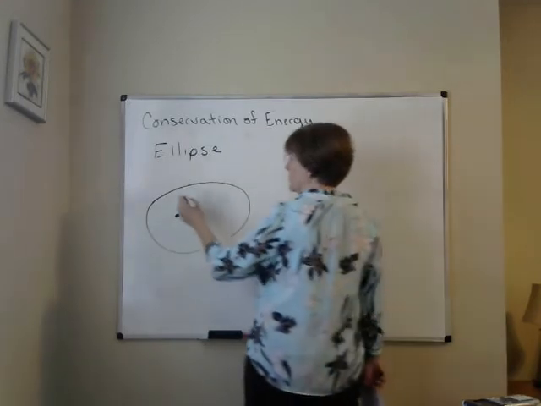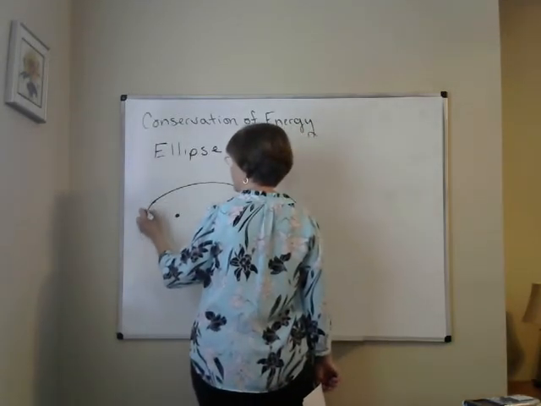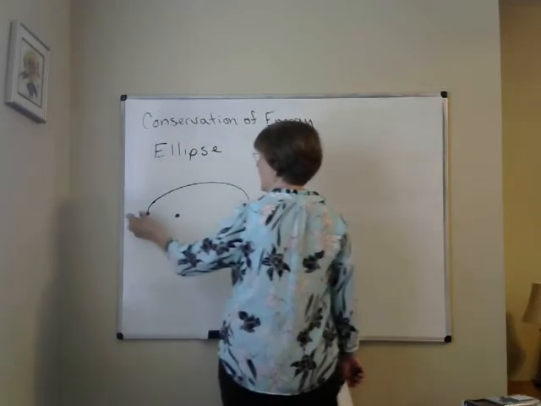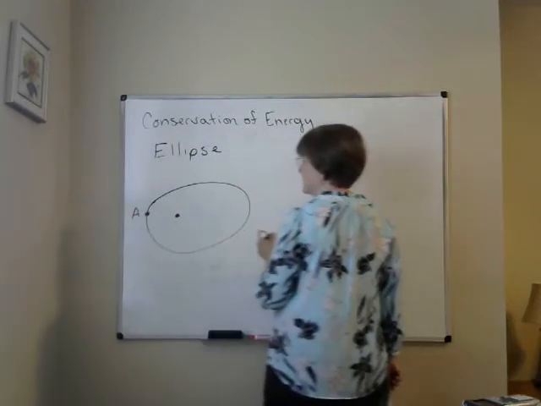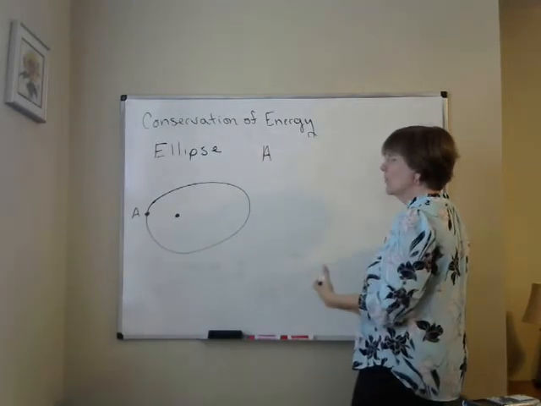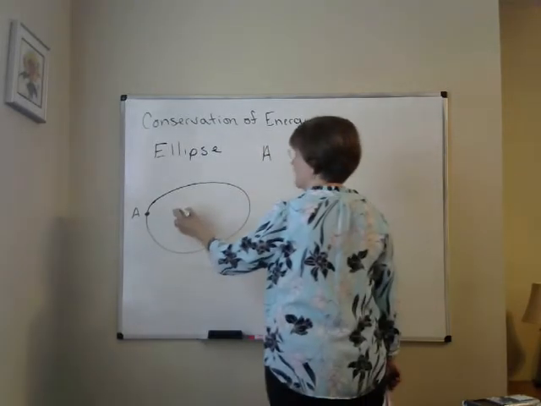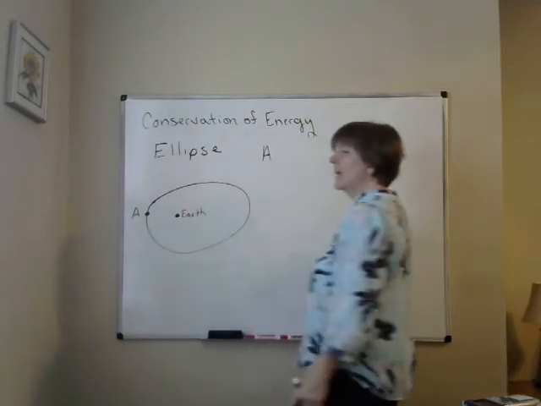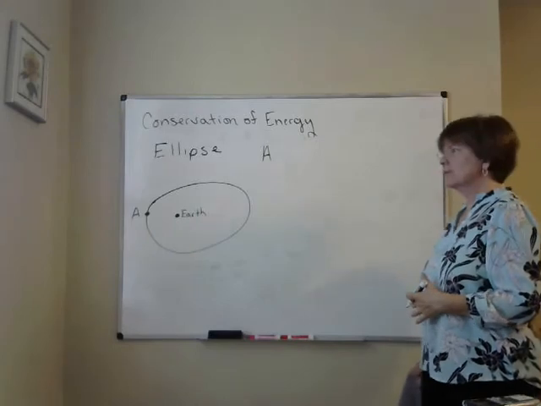When you're close, at point A, that's your closest point to the Earth. Let's say you're orbiting the Earth. Maybe you're a weather satellite, but you're up there in an elliptical orbit.